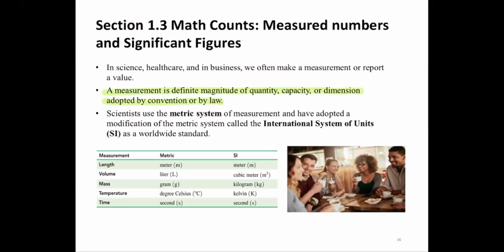You guys can see in the following table that we have in the slide a list of selected measurements. As you can see, length, volume, mass, temperature, time. And then in the second and third column, we have different types of measurements that correspond to those.